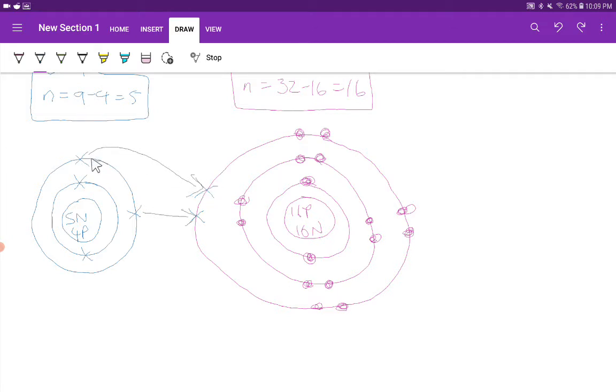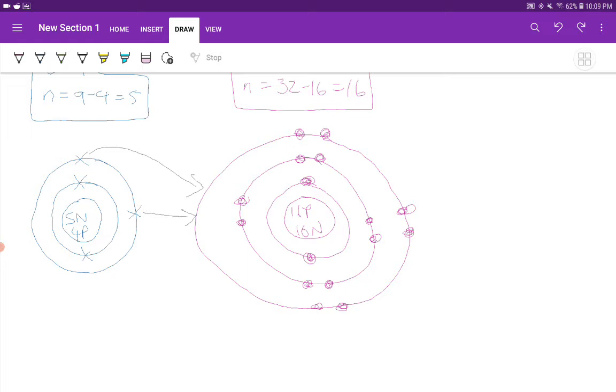You cannot be in two places at the same time, so the electron cannot be here on the beryllium and be here on the sulfur at the same time. What you do is you draw your arrow to show that this is where the electron is, this is where it's going to.